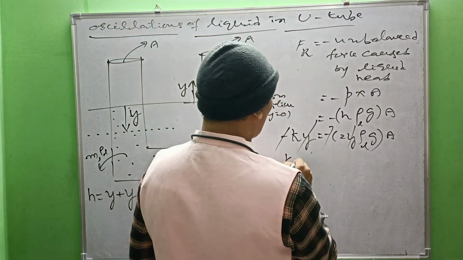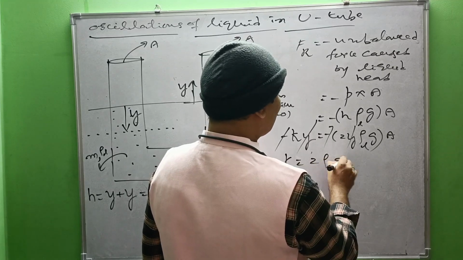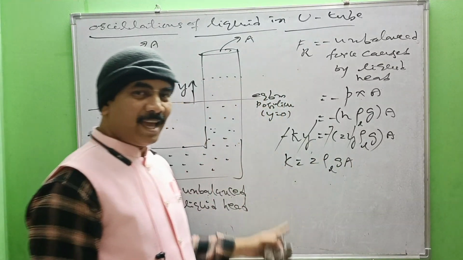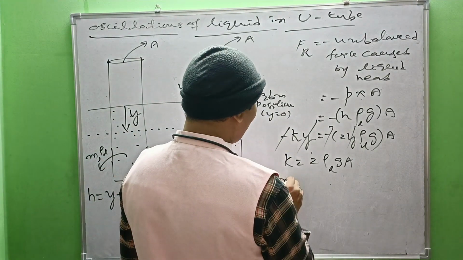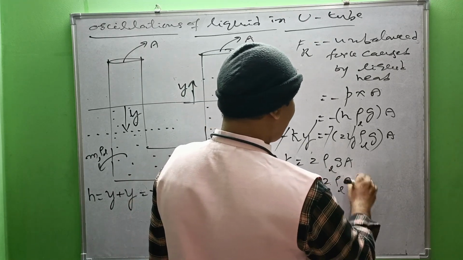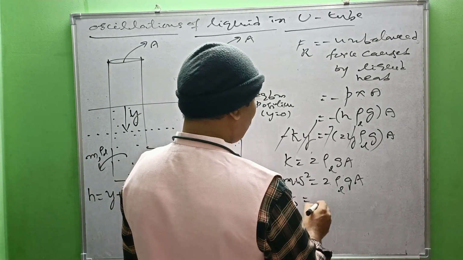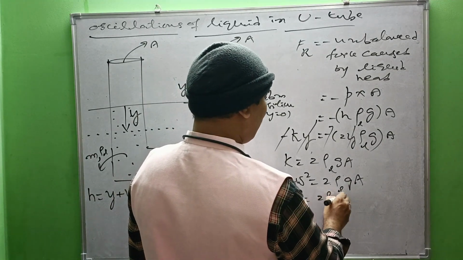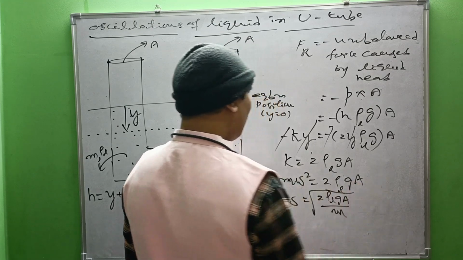We are left with k equal to 2 rho L g into A. But k is m omega squared, so m omega squared equals 2 rho L g A. Now omega equals root of 2 rho L g A by m.